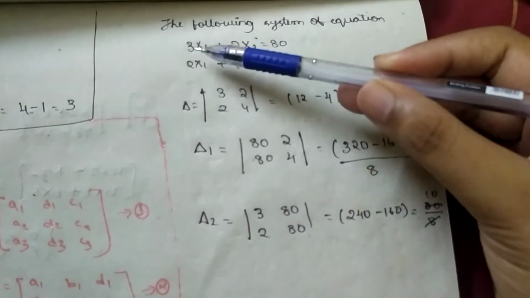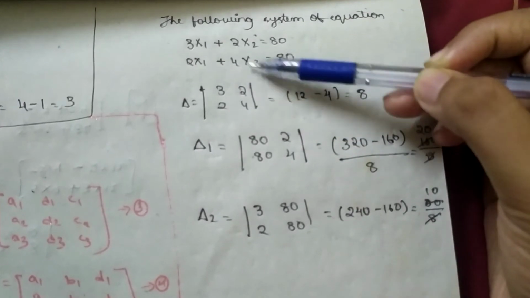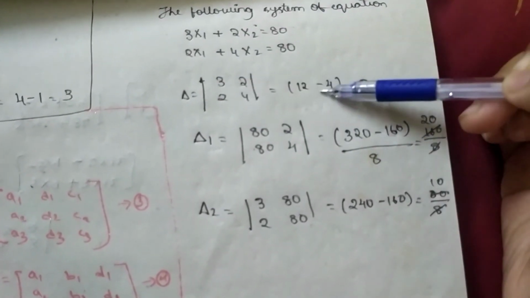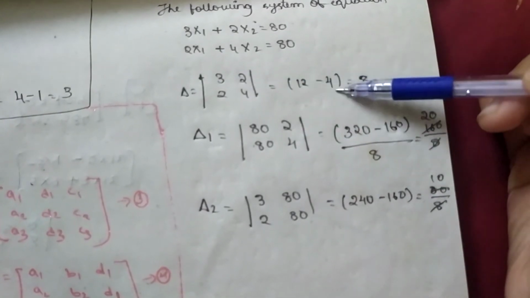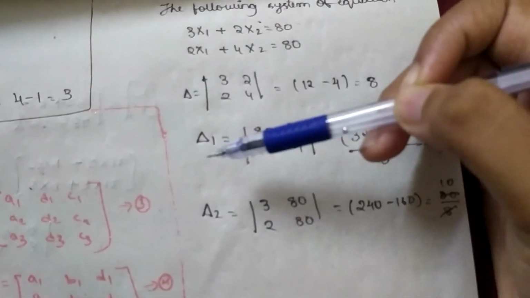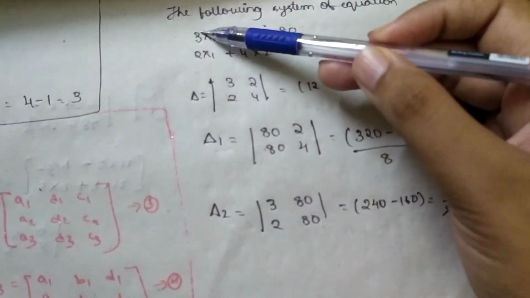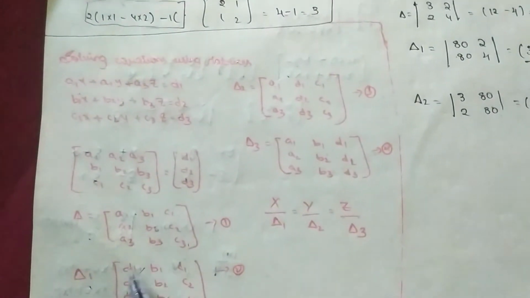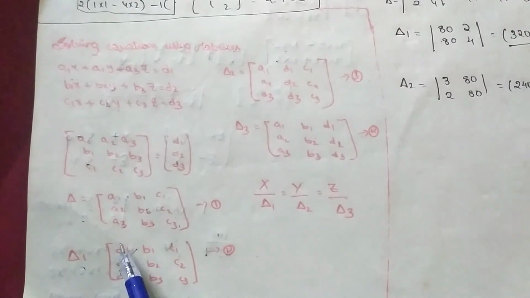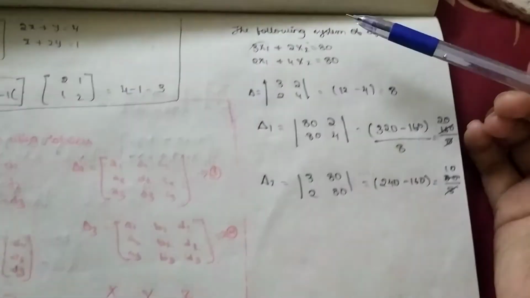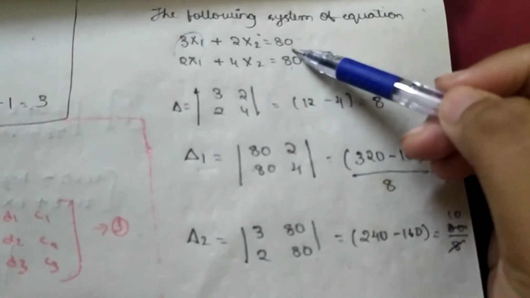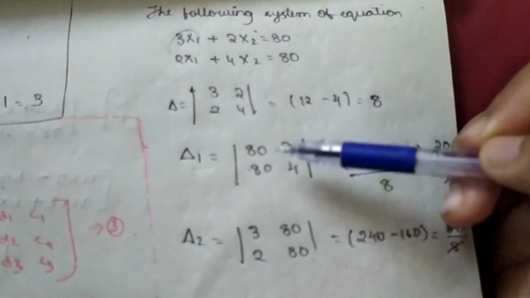We have to find the det. So 3 2 2 4, so 3 4s are 12 minus 2 2s are 4, so equals 8. We got the answer. Now delta 1 means in the place of a values we are writing d1, d2, d3. d1 value is 80, d2 value is 80, 80.